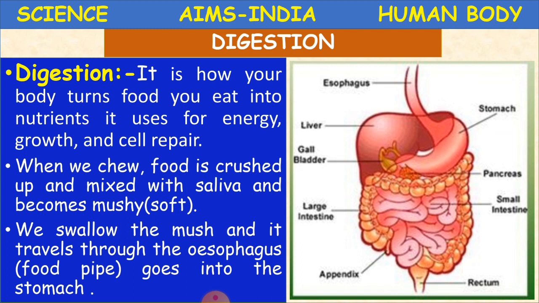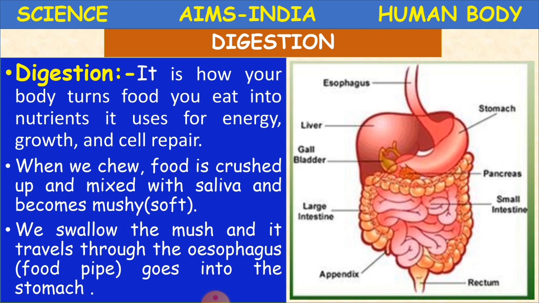We said our body is made up of cells. Many cells together make tissues, many tissues together make organs, and many organs together make a complete human body. So it is very important for us to have this energy, growth and cell repair. And when do we have these?